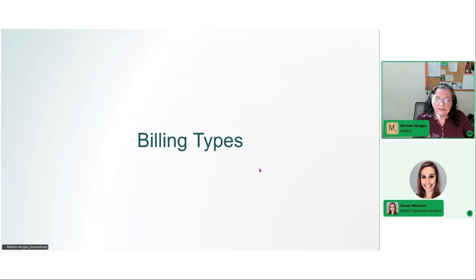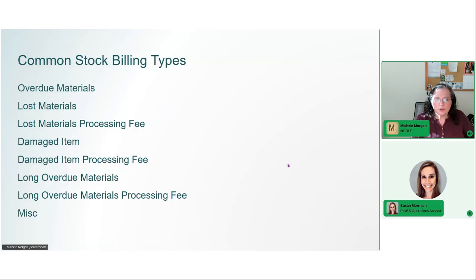But now I'm going to go on to billing types, some of which we've looked at and talked about, and others that we haven't yet. So overdue materials, these are all the, back up a second. These are all the billing types that come with Evergreen.